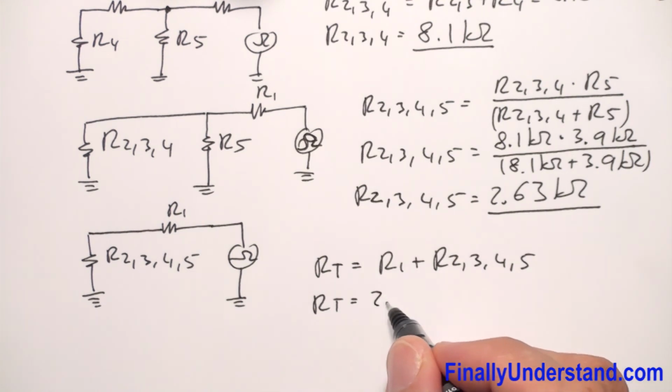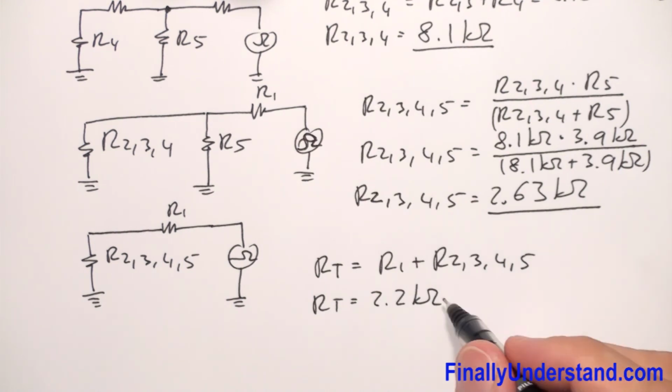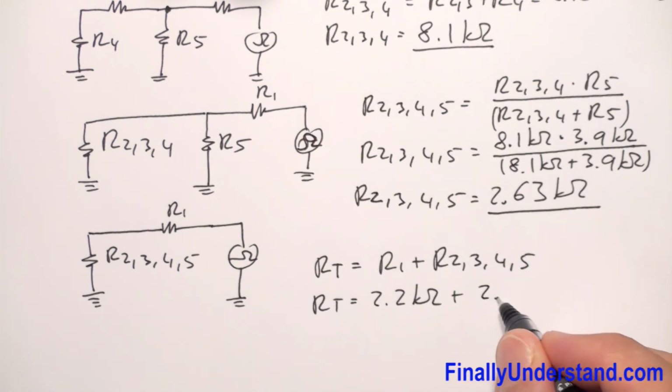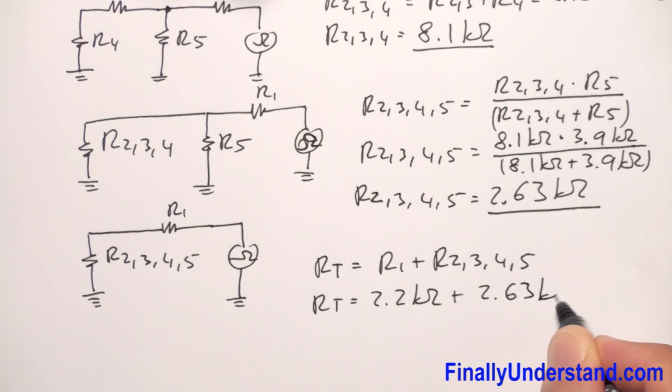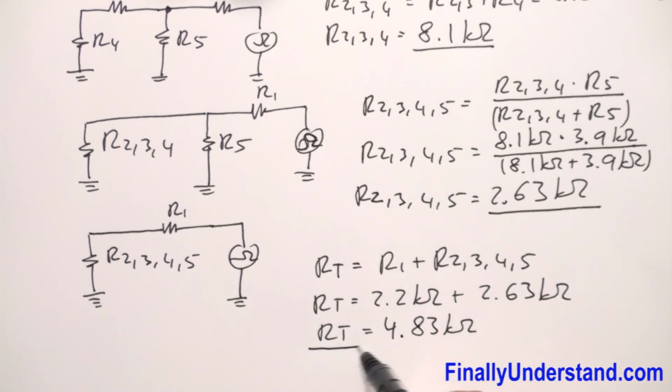R1 is equal 2.2 kilo ohms plus R2345, 2.63 kilo ohms. So R total is equal 4.83 kilo ohms. Okay, and this is simply the solution to my problem.